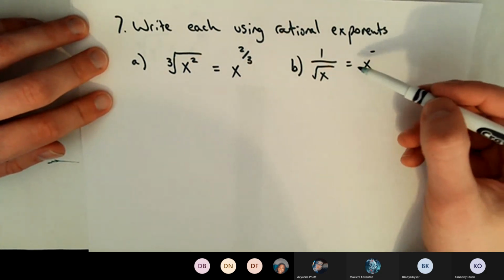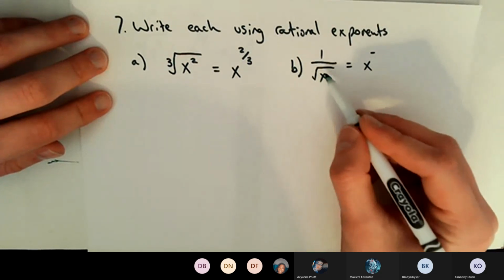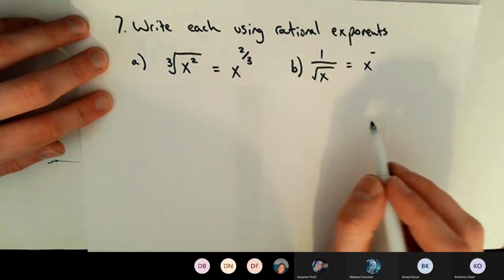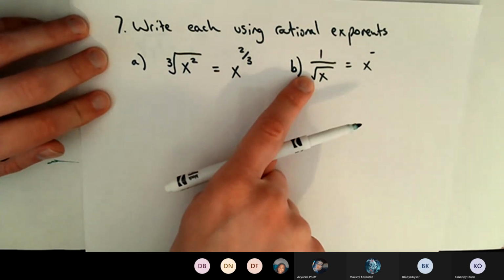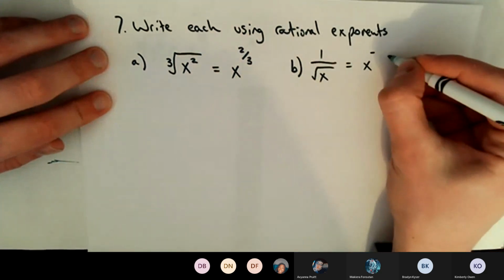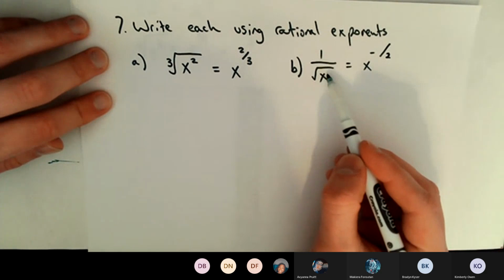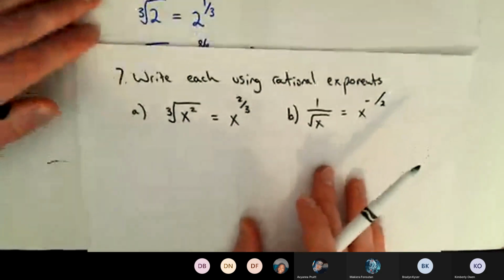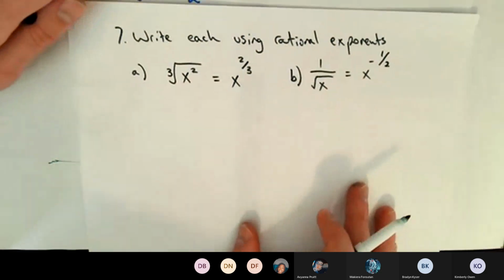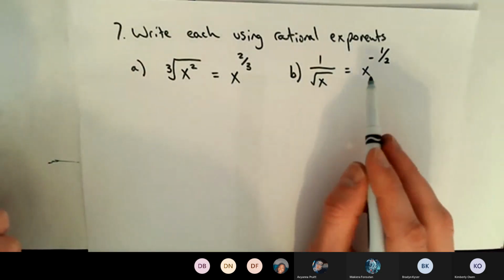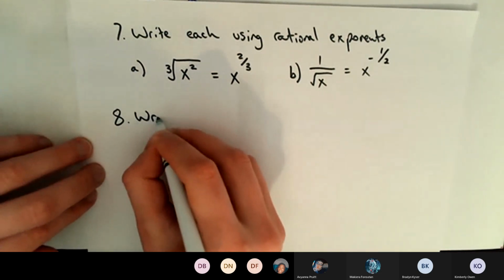Negative is going to say this x is actually in the bottom. And then with a square root, how do we write the square root in rational exponent form? Well, all the notation is suppressed here, but we understand that the index is a 2 on a square root, so that means my denominator is a 2. And then the exponent inside, we saw earlier, like with this example, when it's not written, it's understood to be a 1. So when you have 1 over square root of x, that's the same as x raised to the negative 1/2. Let's go backwards now.